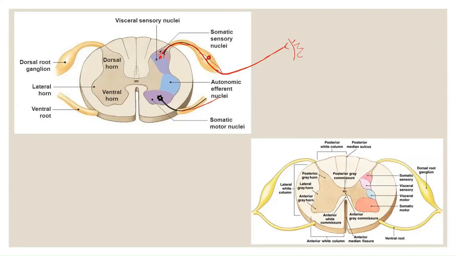And from here, you have the second neuron which takes the information to the brain. Okay. So from here. And here you have the motor neuron which gives information to the skeletal muscle. So in these areas, you have nerve fibers which travel from the brain and to the brain. Right? So these nerves, their fibers travel in these areas.